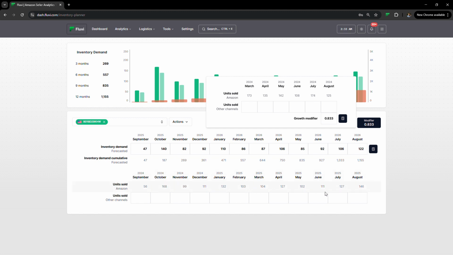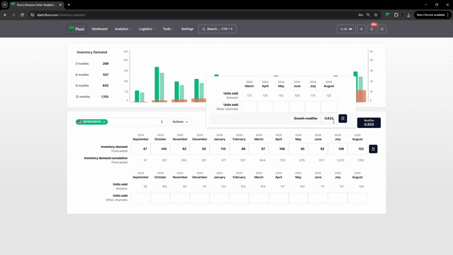If we were to add together all of these units and all of these units separately, we would see that the number of these units would be higher than the number of these units, which is why our growth modifier is below 1.0, which indicates a negative trend, that we're selling fewer units in 2025 than we were in 2024.